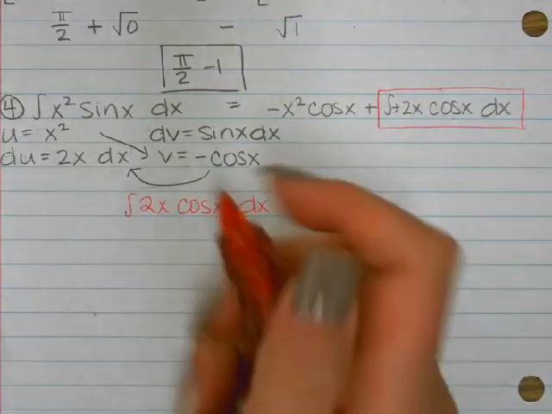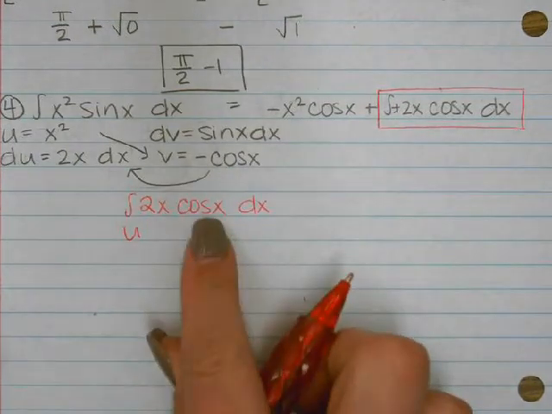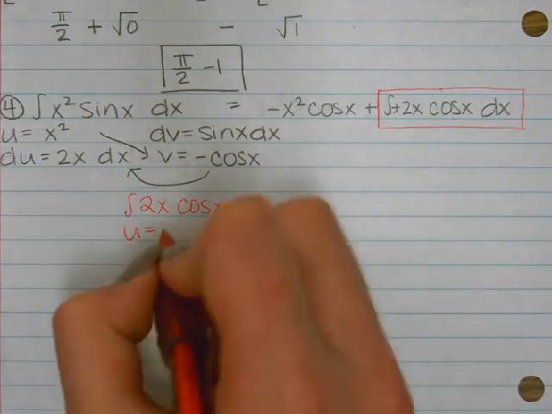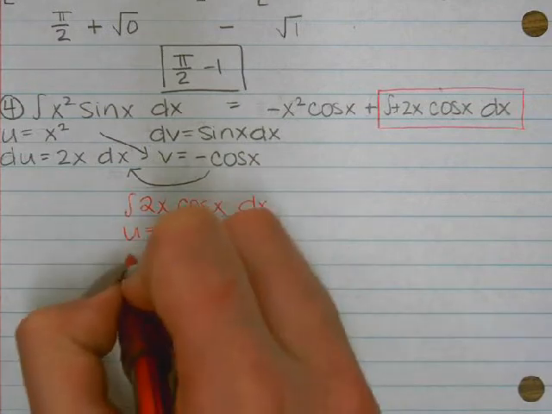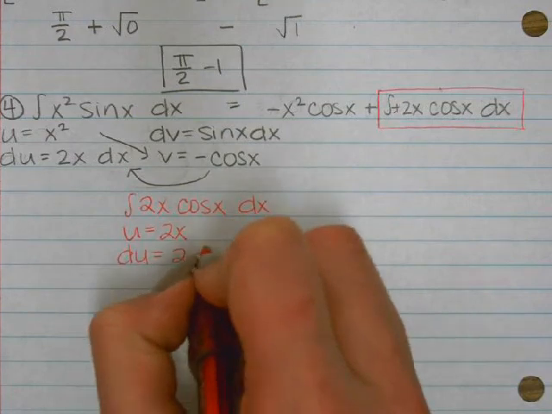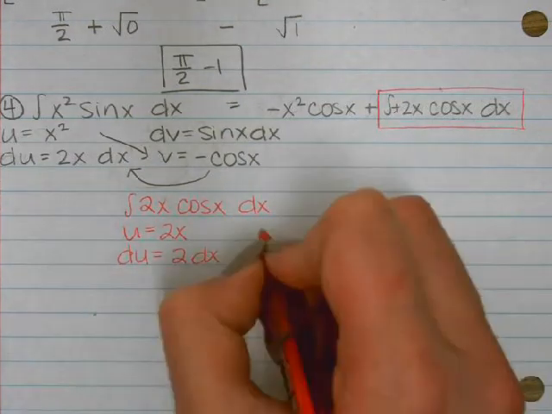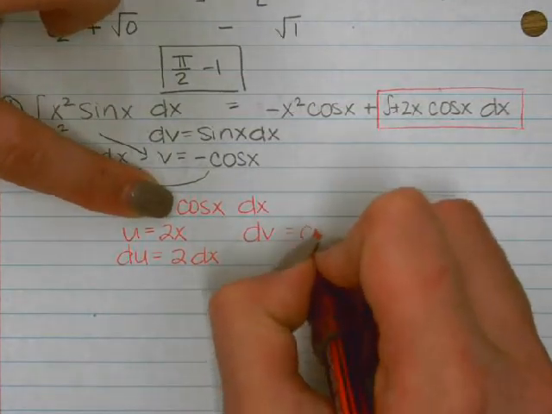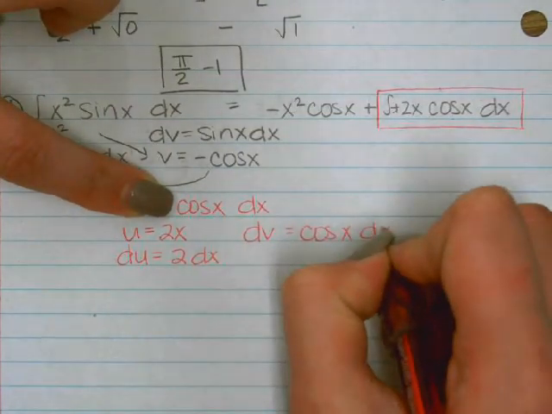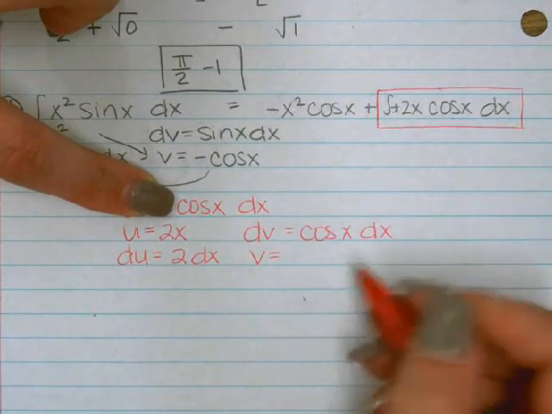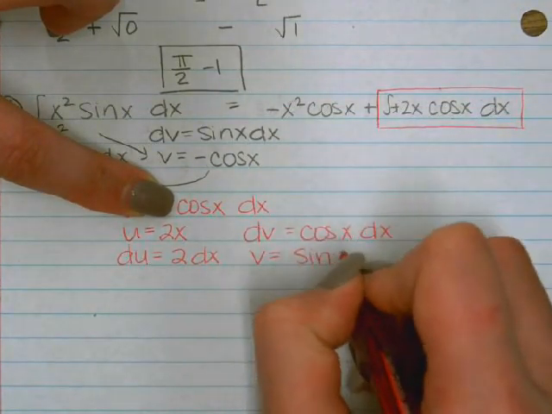And again, I'm going to use the u for this part because if I use cos x, this problem will never end. So I'm going to say u is going to be 2x, du is going to be 2 dx. dv is going to be the rest of the problem, so that's cos x dx, and v is the integral of cos, which is sine x.